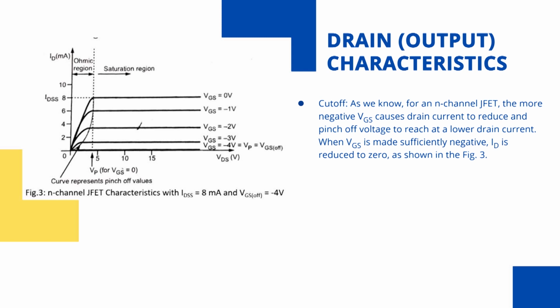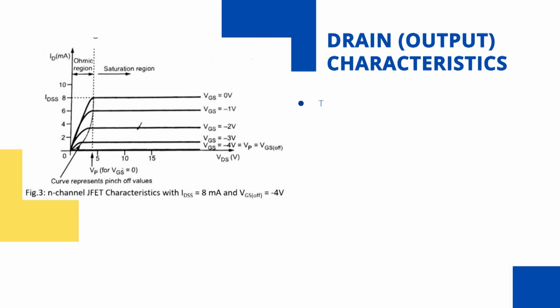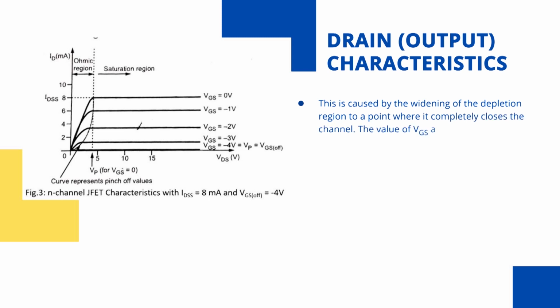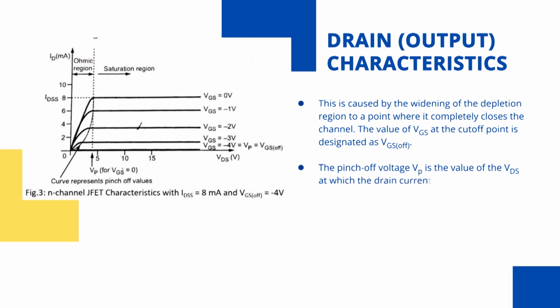So here we can see the cutoff region in the curve. This is caused by widening of the depletion region to a point where it completely closes the channel. The value of VGS at the cutoff point is designated as VGS off.